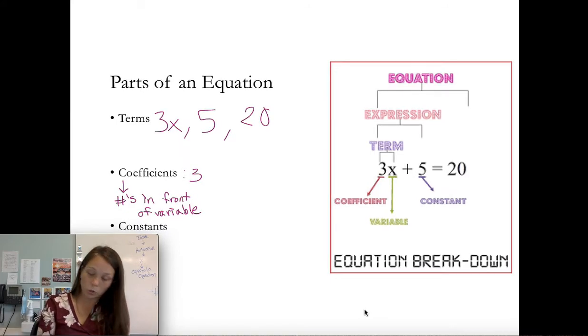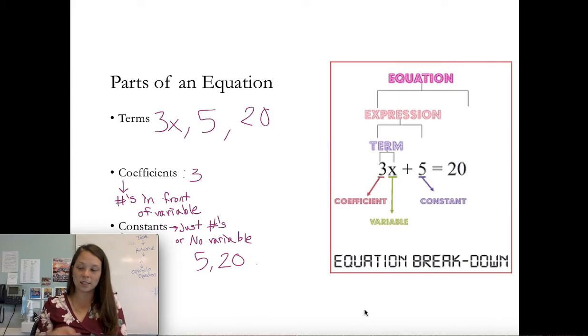Constants are the things with just numbers, or they're the terms without variables attached to them. So our constants in this problem would be 5 and 20.